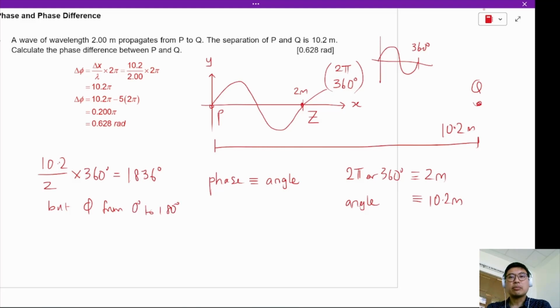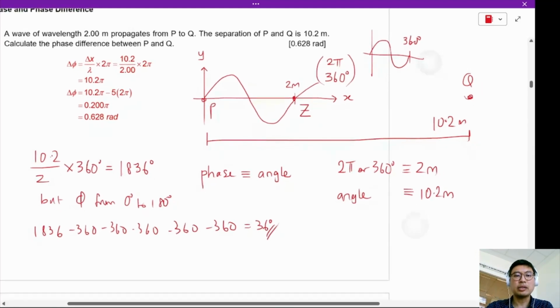That means you have to write a number between 0 and 180. So you take 1836 and subtract 360 five times, and you end up with 36 degrees. So this is the answer.